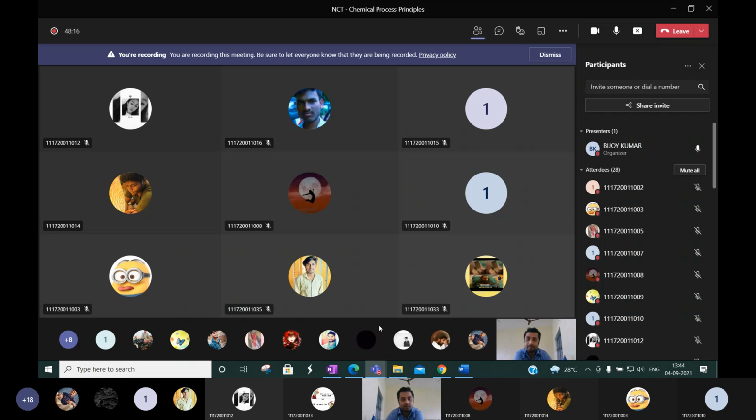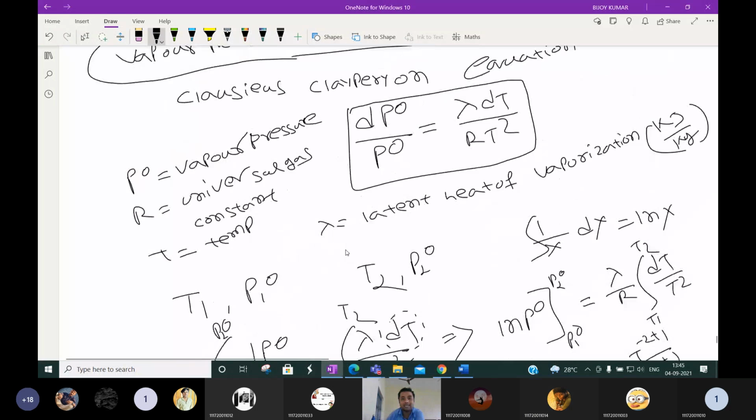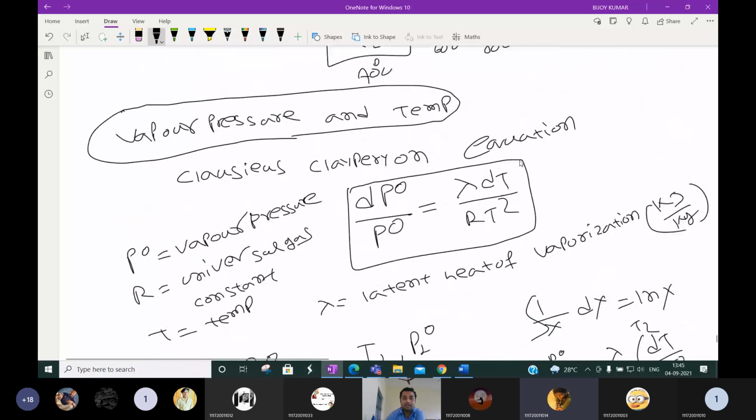If we decrease the temperature, less vapor will generate, which means less vapor pressure. So what we observe is that temperature and vapor pressure have a certain relation. That relationship was given by Clausius-Clapeyron, and that equation we call the Clausius-Clapeyron equation. That gives the relationship between vapor pressure and temperature. And this is the expression.